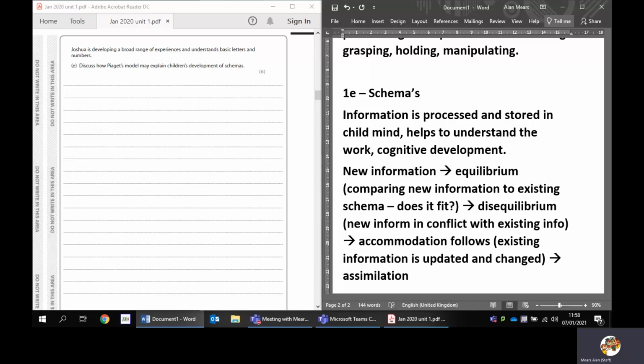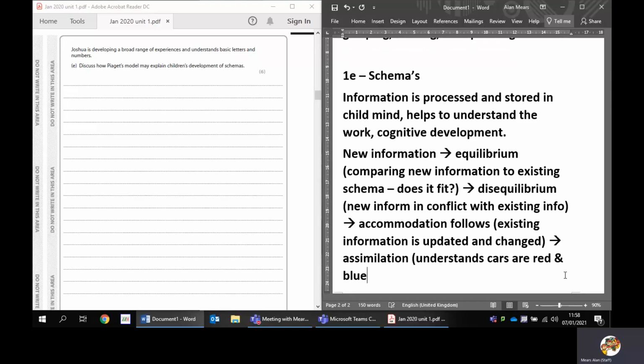So again, this is where the child now understands cars are red and blue. And then if the child sees a yellow car, the whole process begins: new information, equilibrium, disequilibrium, accommodation, and then assimilation. And the process repeats. And again, this is how children learn the world around them. So basically, you just talk through this process and emphasize these key concepts that are part of Piaget's theory.